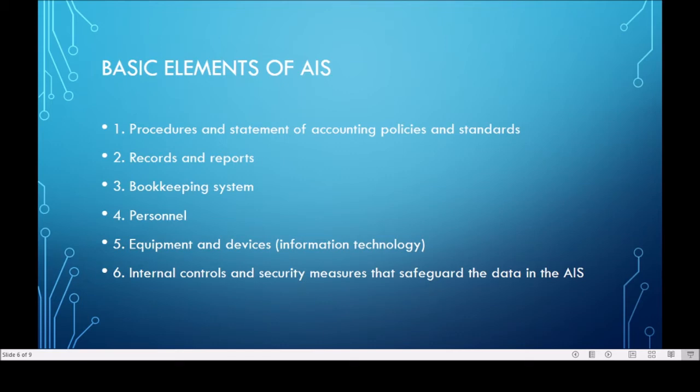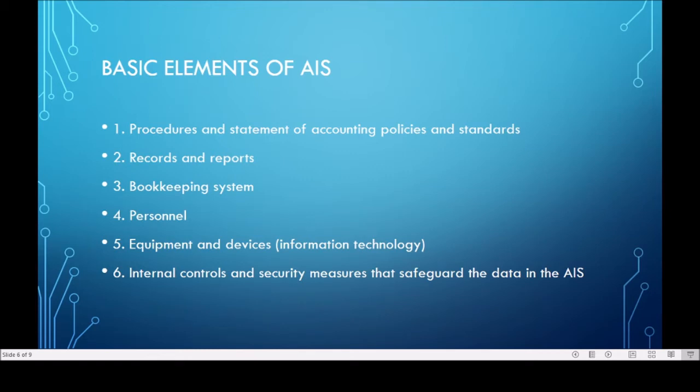That is the bookkeeping system. Another element for an accounting information system to work is personnel, a personnel that is very knowledgeable on the operation of accounting. Second to the last is the equipment and devices.